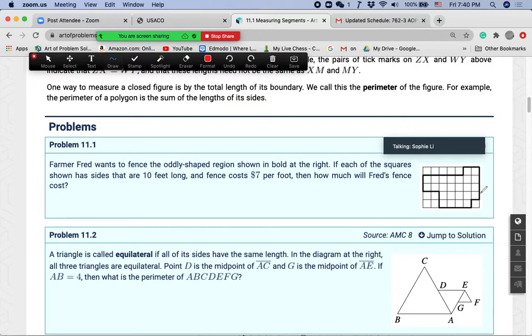For example, this line is the same length as this line. This is the same length as this line. So basically, you can draw it like this, and it would still be the same perimeter. And then you can do the same with these two, and the same with this. Then you just keep doing that, and you get a rectangular shape like this.